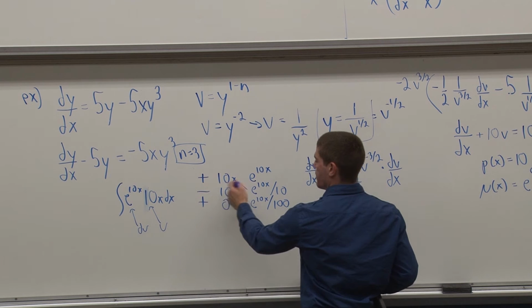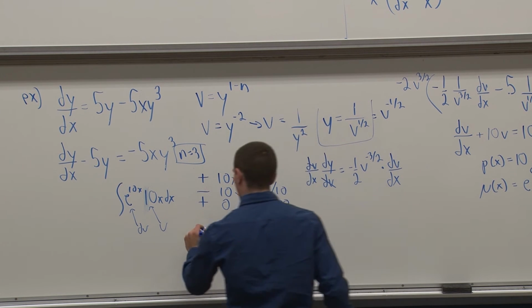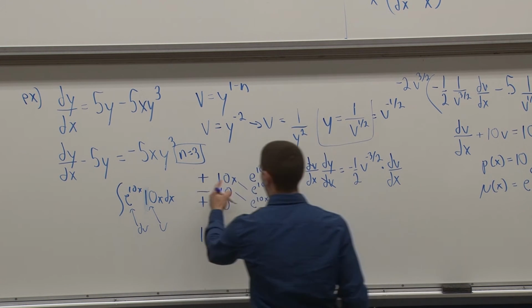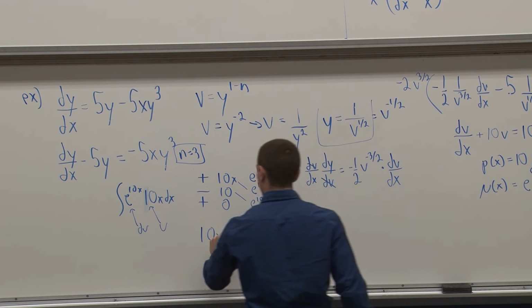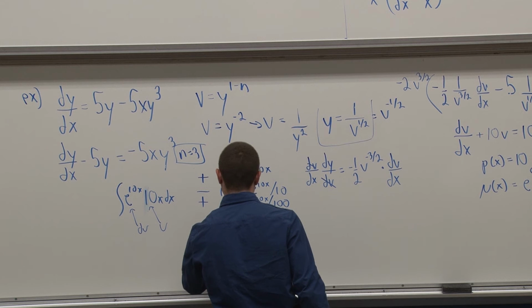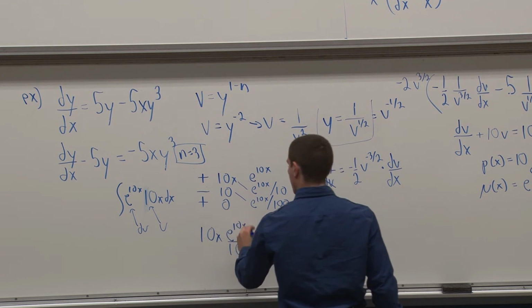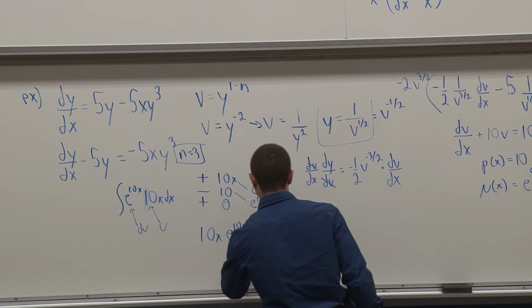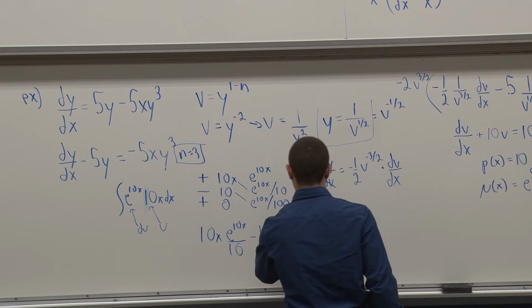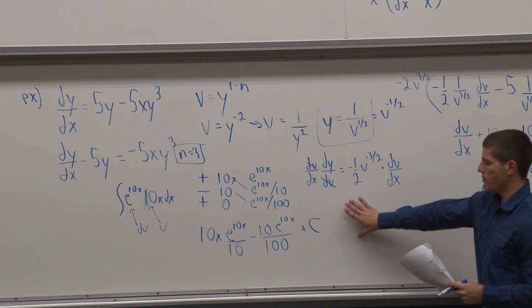So we have positive 10x. I'll go down here. So positive 10x times, we ignore this negative sign, so positive 10x times just this: e to the 10x over 10. So now we have minus 10 times e to the 10x over 100, and then plus c. Okay, so this is going to be our thing.